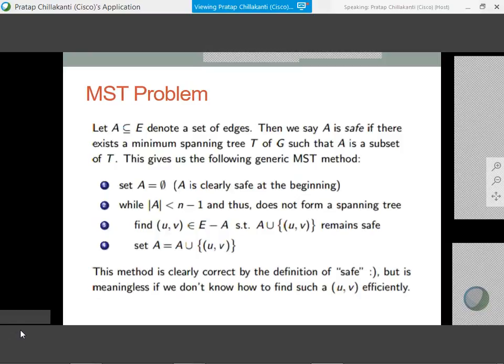So whatever minimum spanning tree you get, A should become a subset of that tree T.